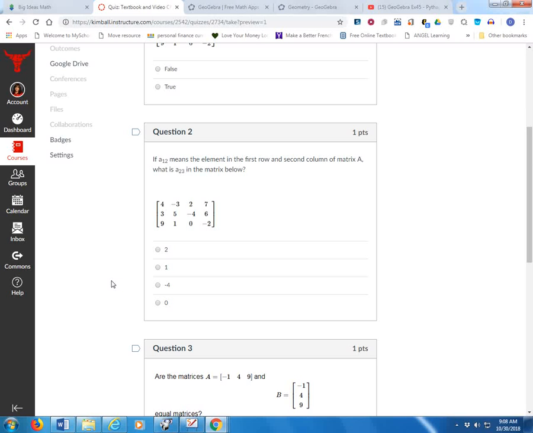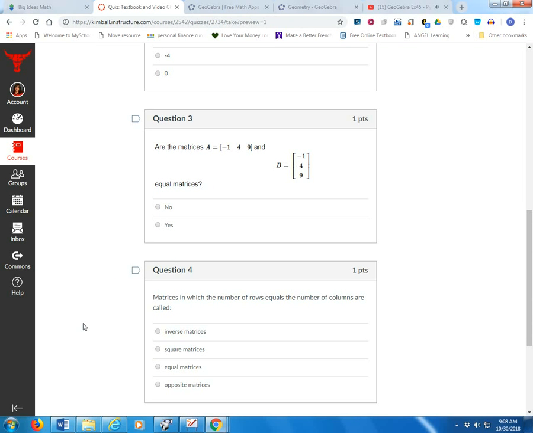Second row, third column. Are these equal? The elements are equal, but what isn't equal? The dimensions. What would this dimension be? How would you represent it? 1 by 3. What's this one? 3 by 1.